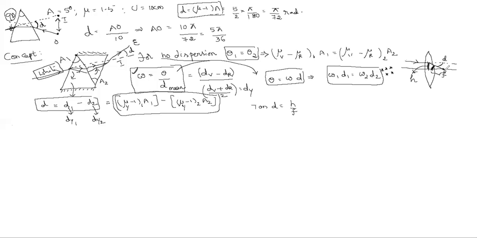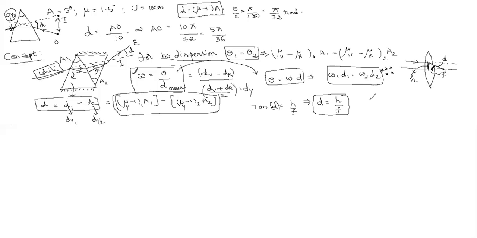Since it is a paraxial ray, the angle will be small, so tan D is D, equals h by f. So I am going to use this equation to find the dispersive powers of two lenses.